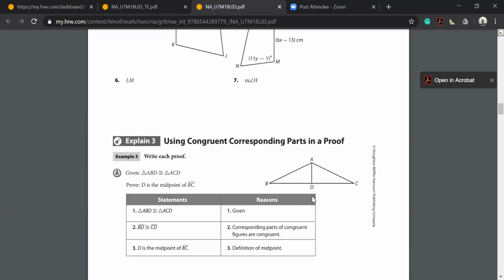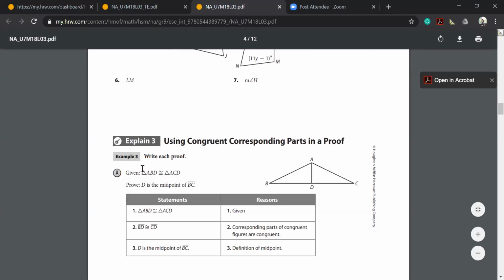D is exactly in the middle. It means that BD should be equal to DC, right? BD should be equal to DC. Equal means congruent. So I can use the congruent thing.